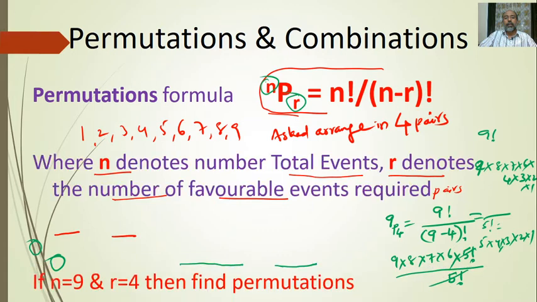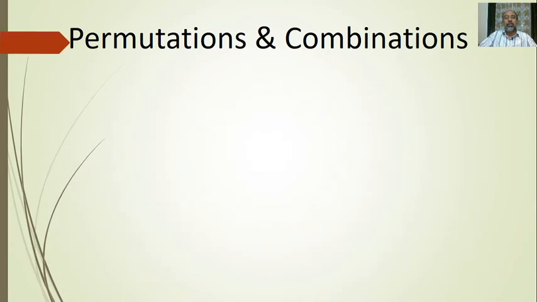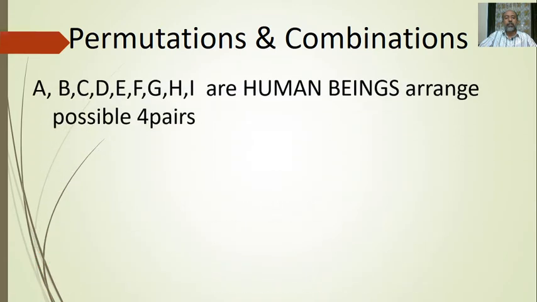Then we'll go into the other possibilities: A, B, C, D, E, F, G, H, I are human beings. We are talking about human beings arranged in possible four pairs.